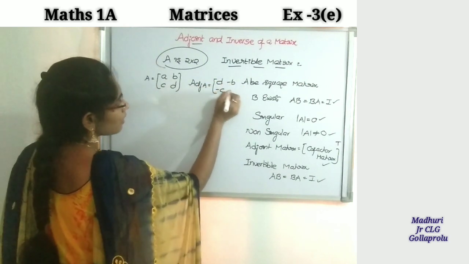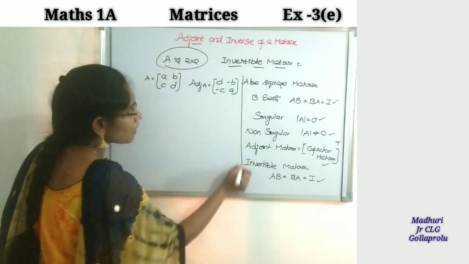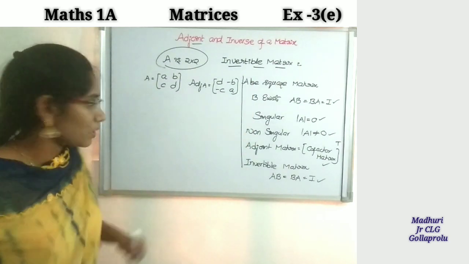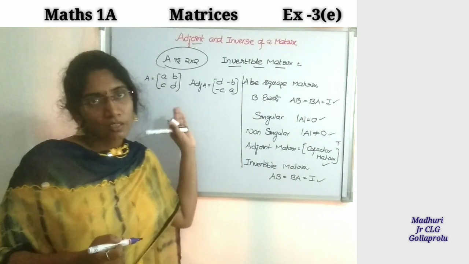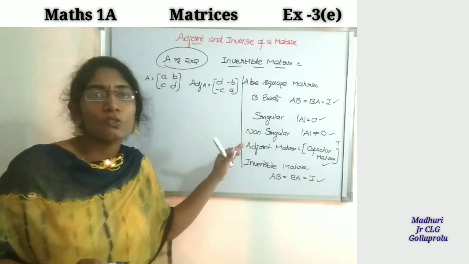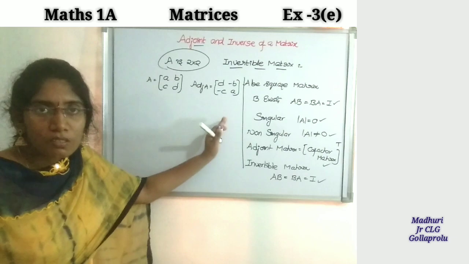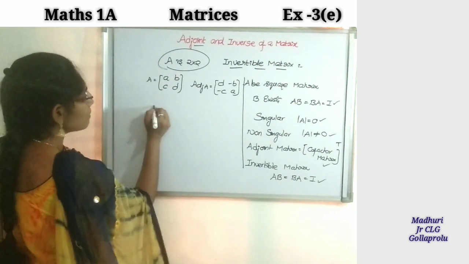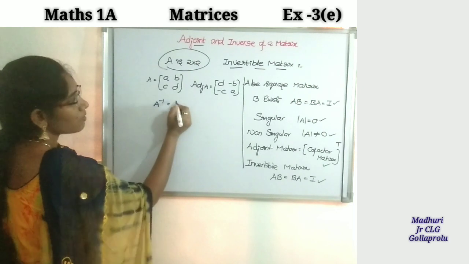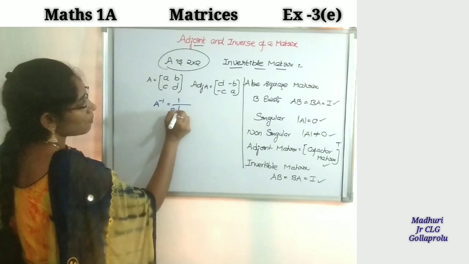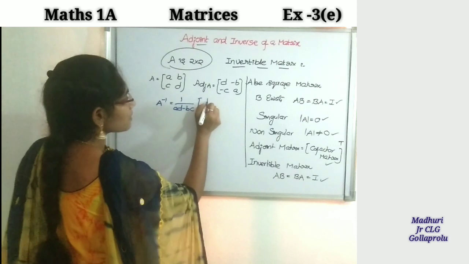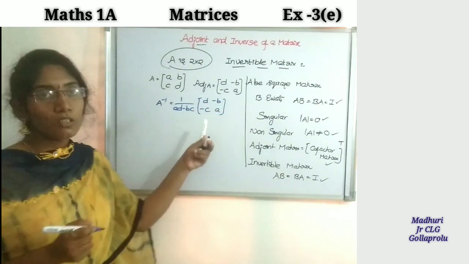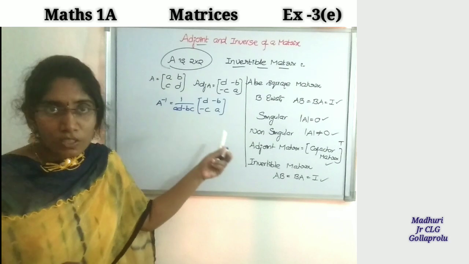This is the direct formula for finding the adjoint of a 2 by 2 matrix. And A inverse is equal to 1 by (ad minus bc) into [d, -b; -c, a]. This is the formula to take the inverse of a 2 by 2 matrix.